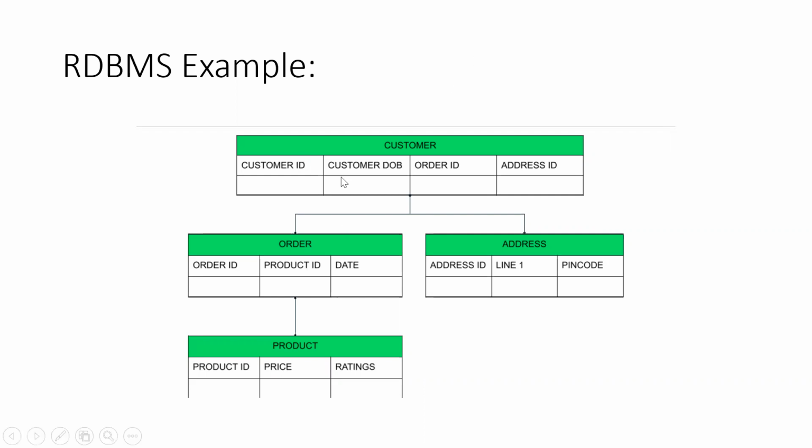In the customer table, customer ID is the primary key. The ID cannot be repeated for other customers. Suppose customer one's ID is 1, it belongs to only one person. Nobody else should have customer ID 1. Suppose you are joining a company, you should have some employee ID, and that ID belongs only to you. Nobody else should have that ID.